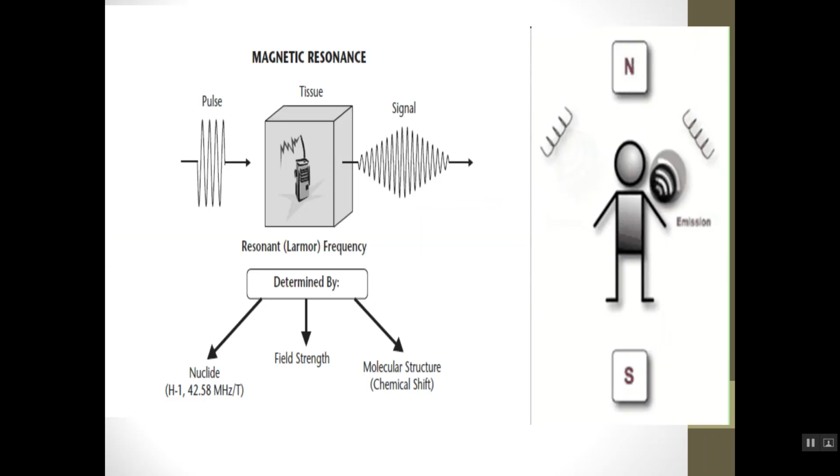Now I'll talk about the main idea of magnetic resonance imaging. The main idea of magnetic resonance imaging is transmitting a radio frequency pulse, and radio frequency is a type of electromagnetic wave.